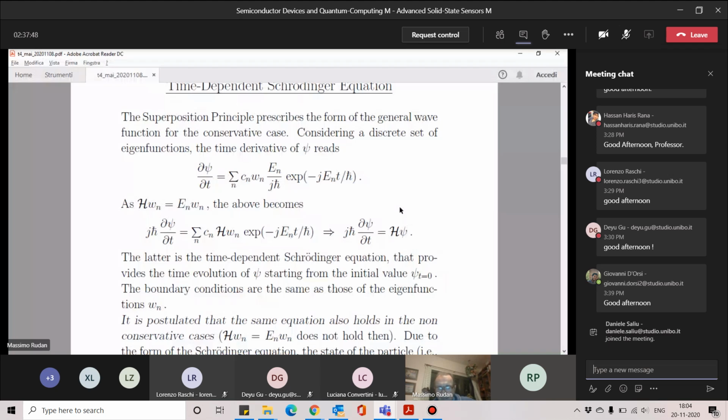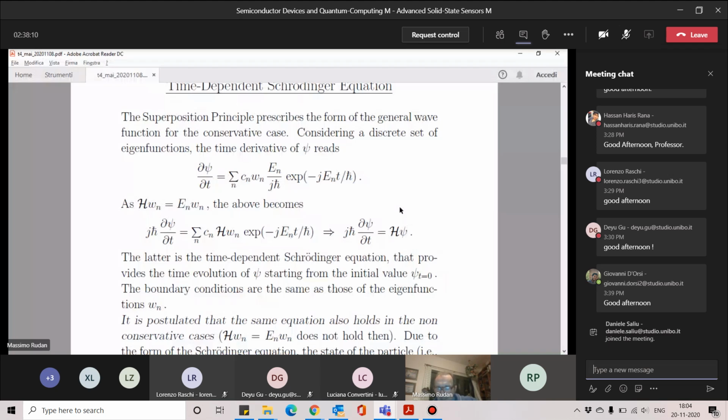So if we have a conservative situation and we start from this equation and go on in the solution, we separate this equation into two blocks, and one block is the time-independent Schrödinger equation, okay?